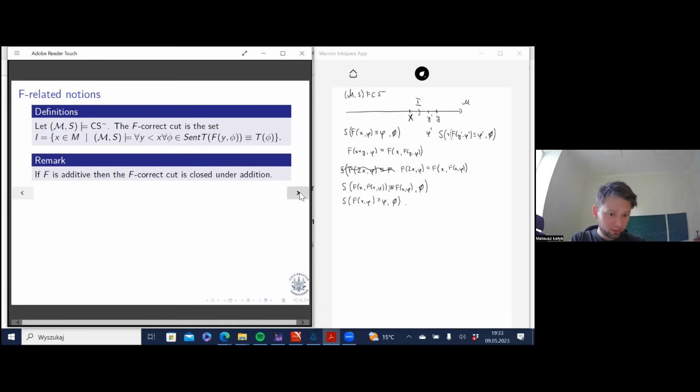As we will see, one of the corollaries to the main result is that for the accessible case, this need not be the case. So when F is accessible, then the F correct cut need not be closed, even under addition.